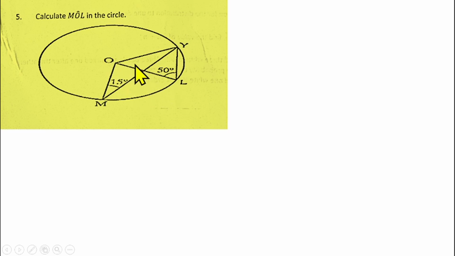Then also, triangle LOY is an isosceles triangle. Line OY is a radius, line OL is also a radius, so triangle LOY is also an isosceles triangle. So base angles are supposed to be equal.